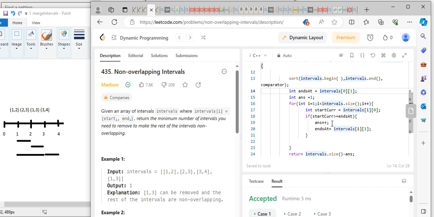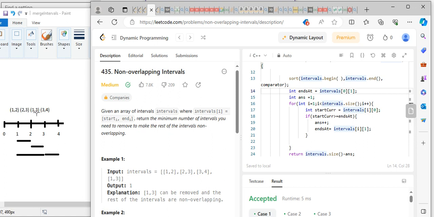And if that start time is more than or equal to my previously added answer's end time, which is true, 2 is greater than or equal to this. Now this becomes my last added answer. So 1, 2 was already there, I can now also consider 2, 3 as a part of my extended answer. So I've added 2, 3. Addition means my new end time becomes 3. That is why the end time has been changed to this newly added interval. So now my new end time is 3.